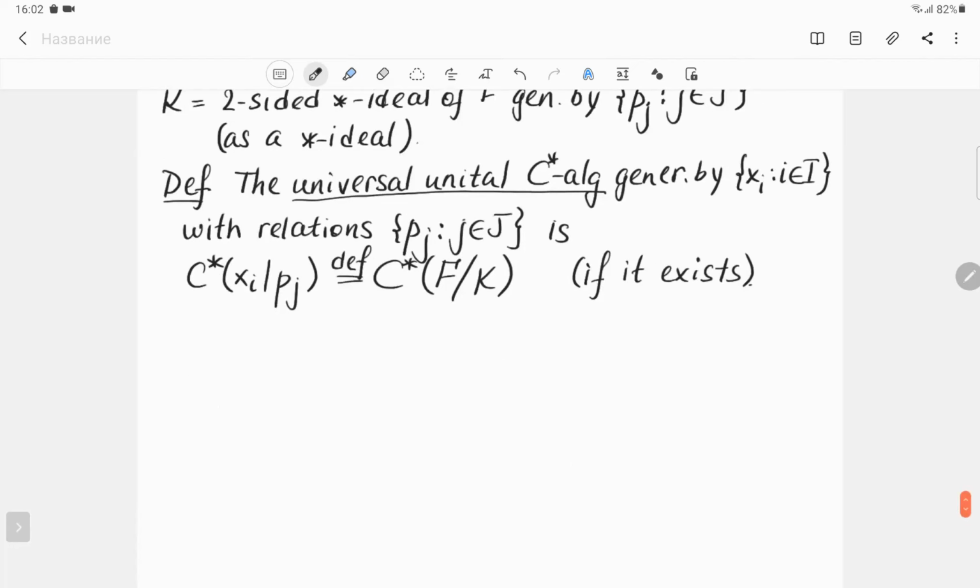Okay, so this is the definition, and it's immediate from the definition of the C-star envelope that this universal C-star algebra has the following universal property.